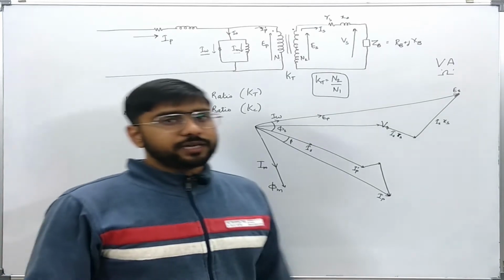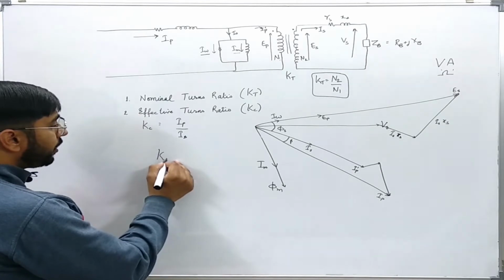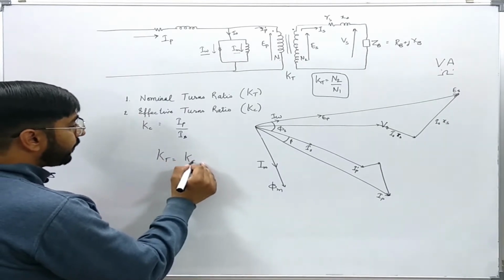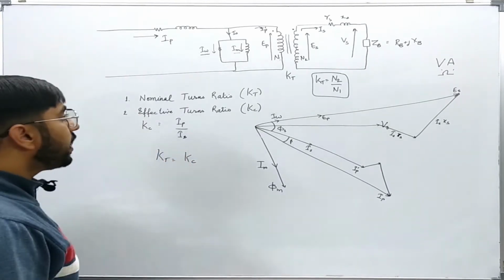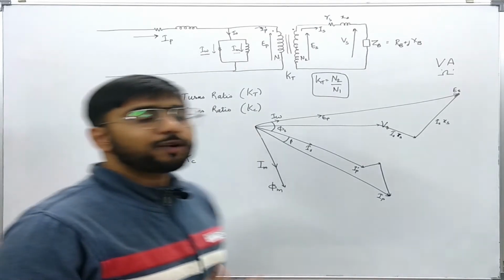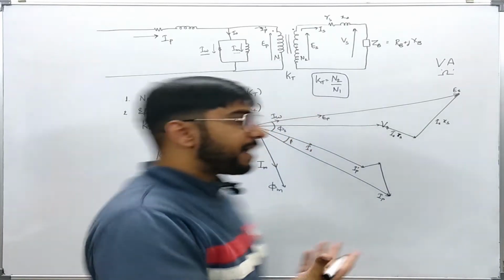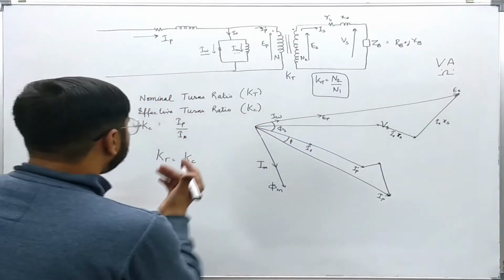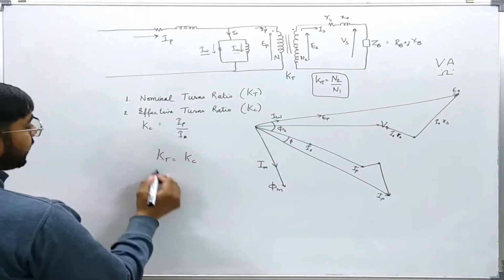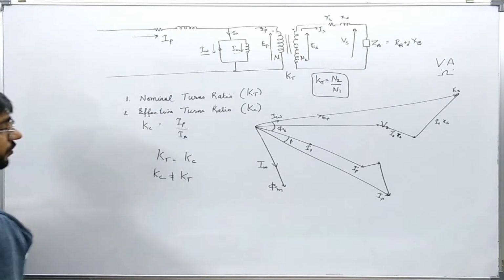So ideally, KT should be equal to Kc. But we will see that this Kc is actually a complex quantity. It has phase as well as magnitude. Because of this, Kc is usually not equal to KT in an actual transformer.